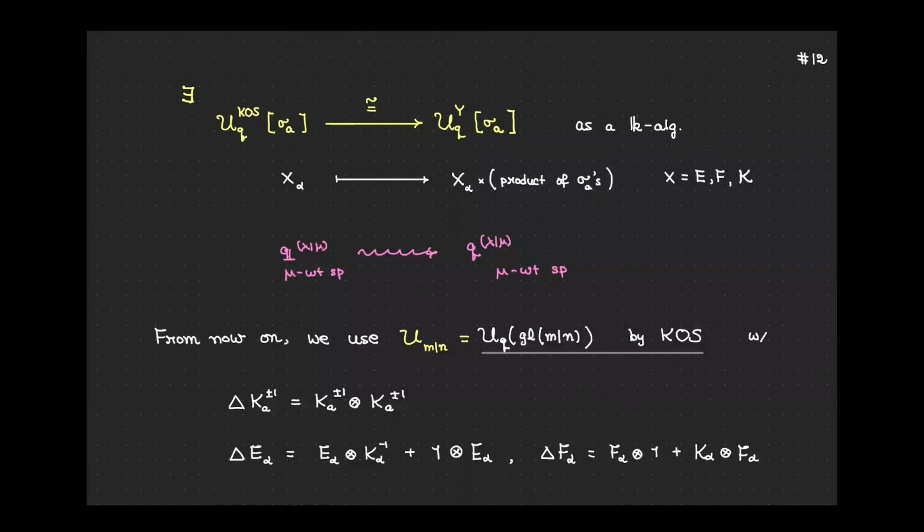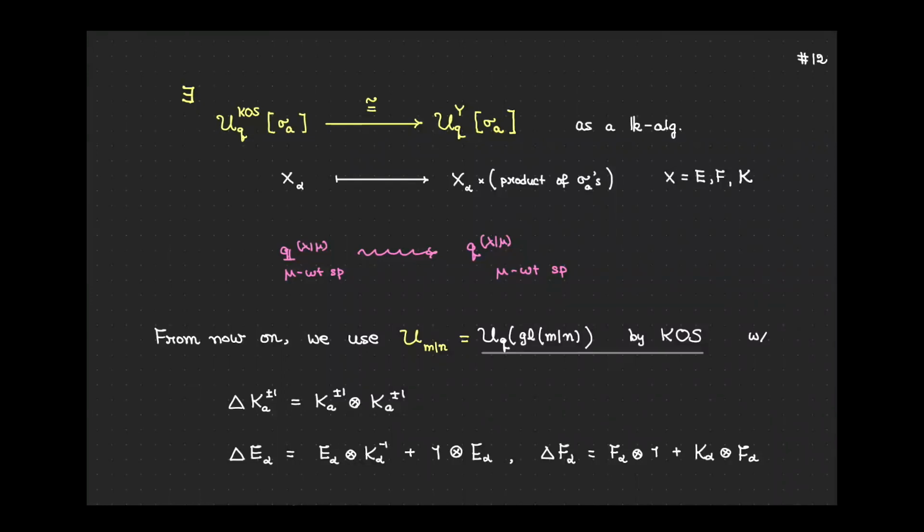Now I want to use the quantum group on the left-hand side, and I will use the co-multiplication of this other version, defined here as follows. So it's the same as the usual quantum group version.